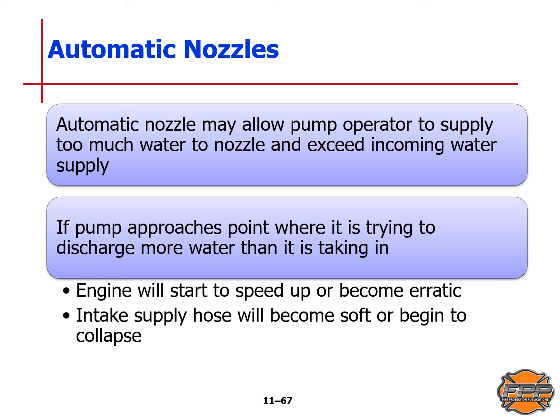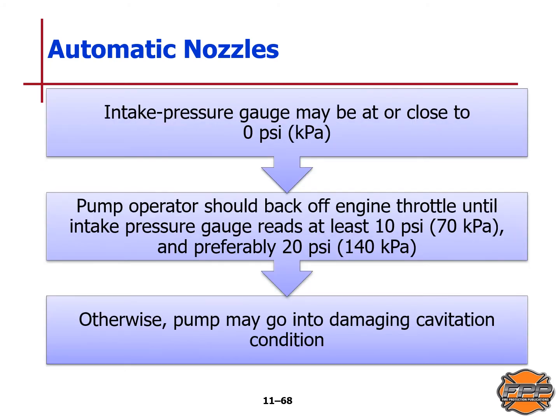The intake supply hose will become soft or begin to collapse. The intake pressure gauge may be at 0 psi or close to 0 psi or kilopascals. The pump operator should back off the engine throttle until the intake pressure gauge reads at least 10 psi or 70 kilopascals and preferably 20 psi, which is 140 kilopascals. Otherwise, the pump may go into a damaging cavitation condition.